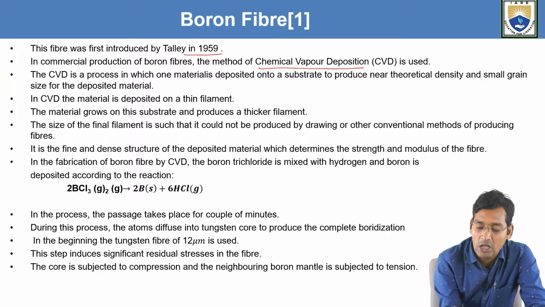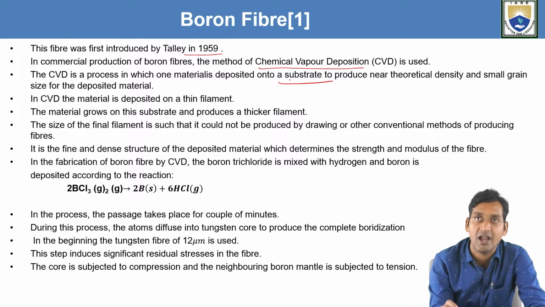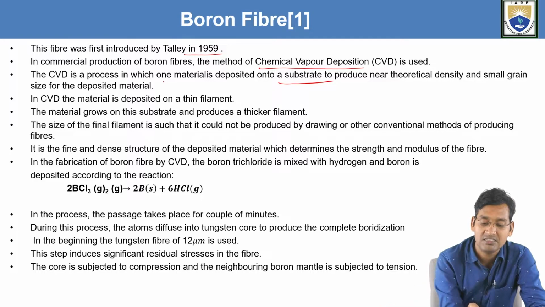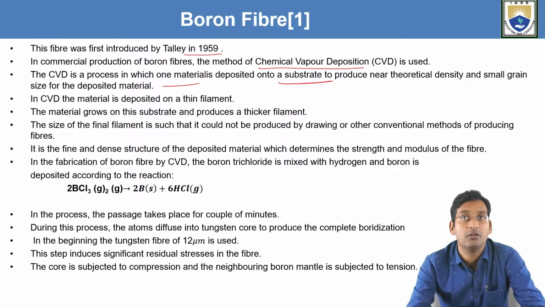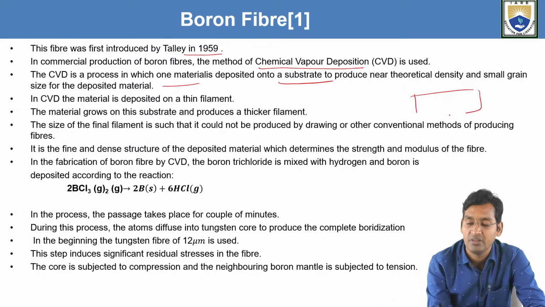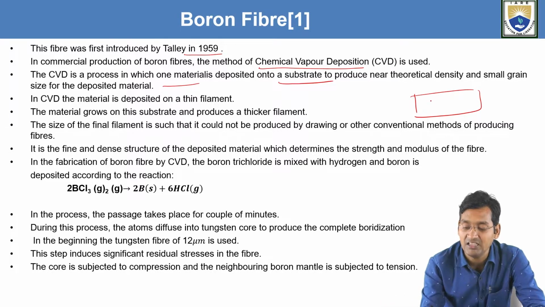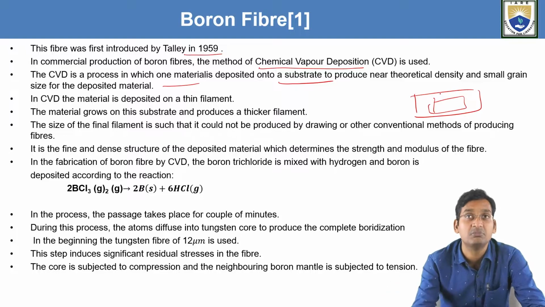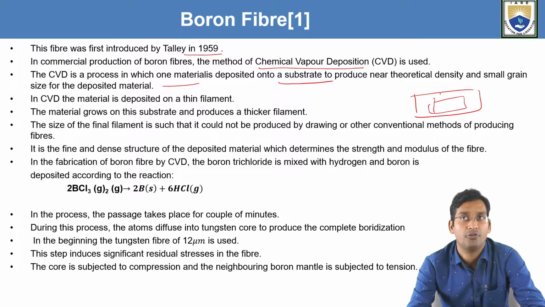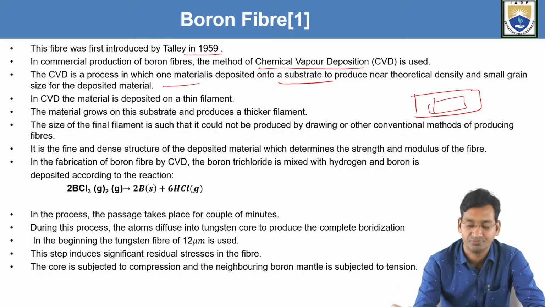So here, one substrate is there, that means one material or one metal will be there. On the surface of that, the new material will grow or be deposited. Just like suppose one bread is there, and over the bread, for making a sandwich, we are adding the masalas. So here the masala is the new type of fiber, and the bread slice is the substrate.